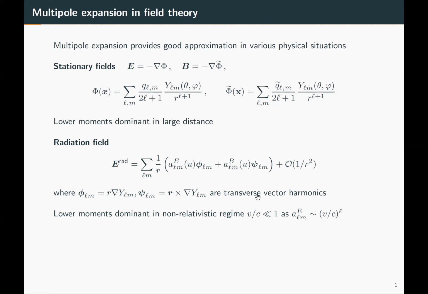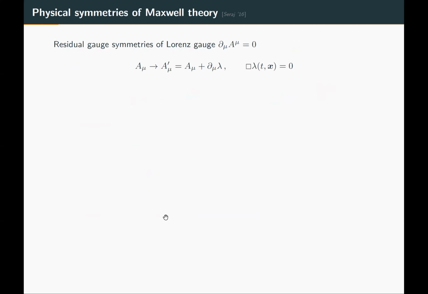You can show that these radiative multipole moments scale like v over c to the power L. Therefore, in a non-relativistic regime, you can truncate this sum to the first few multipoles. This is actually the basis for the post-Newtonian theory in gravity.